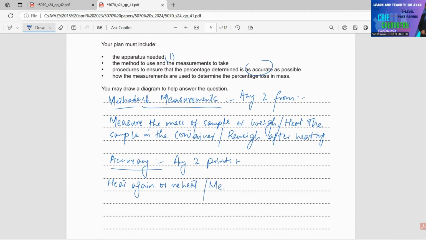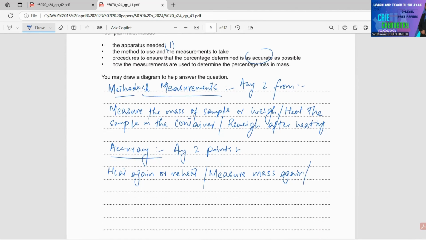Measure mass again. So for accuracy, we repeat so that we can take the average. Repeat the procedure, repeat the experiment.